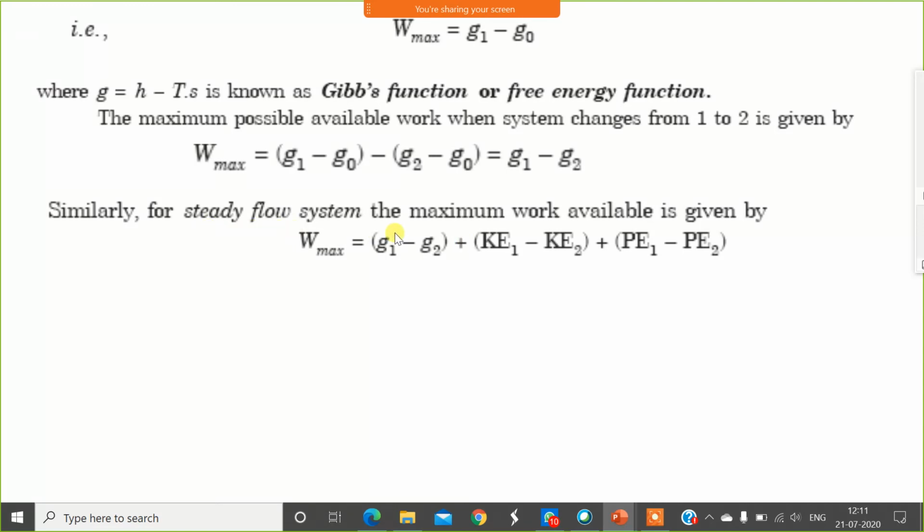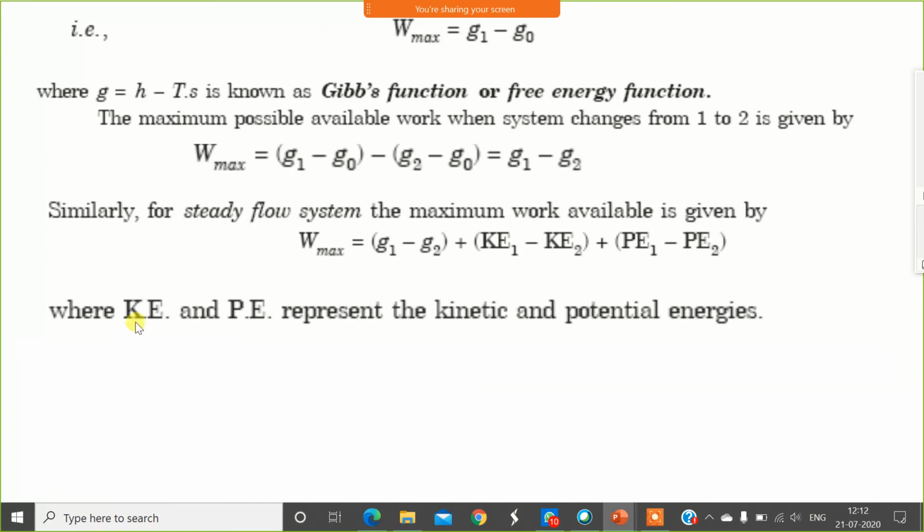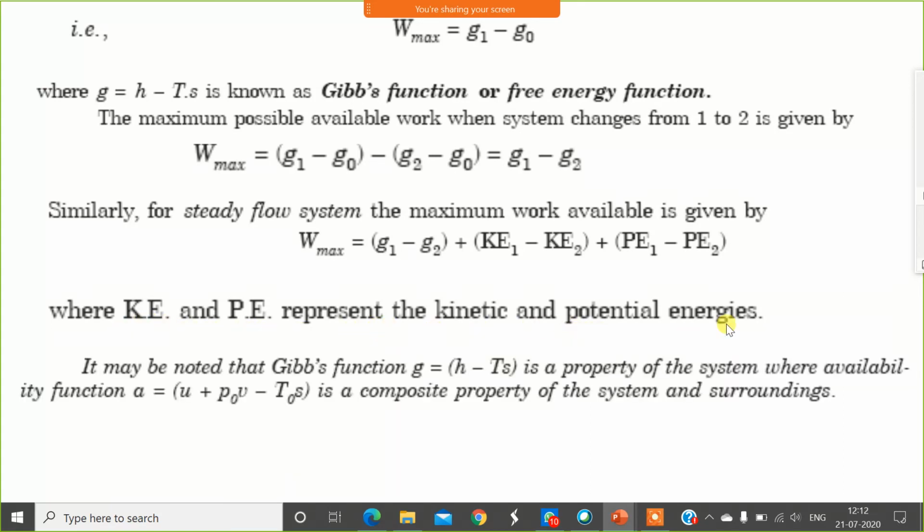Similarly for a steady flow system, meaning for an open system, maximum work is equal to G1 minus G0 plus the change in kinetic energy and potential energy. But in most cases we consider the change in kinetic and potential energy as negligible, where K is the kinetic energy and P is the potential energy.